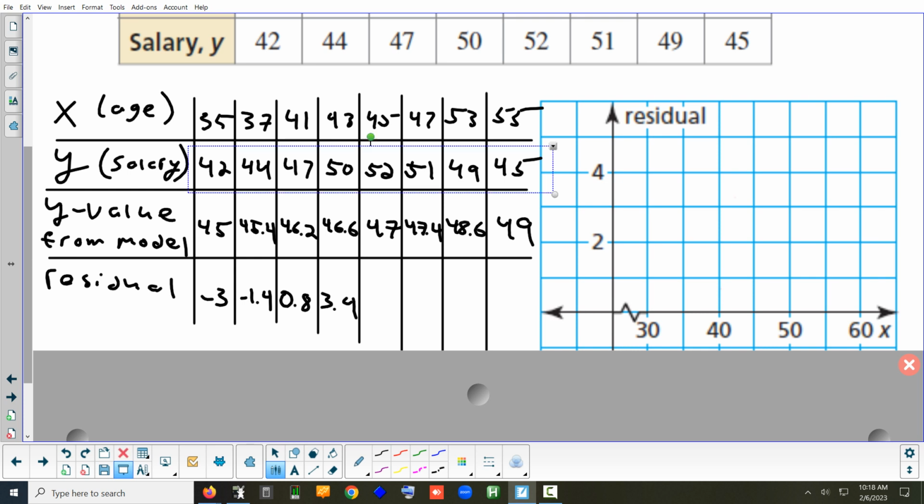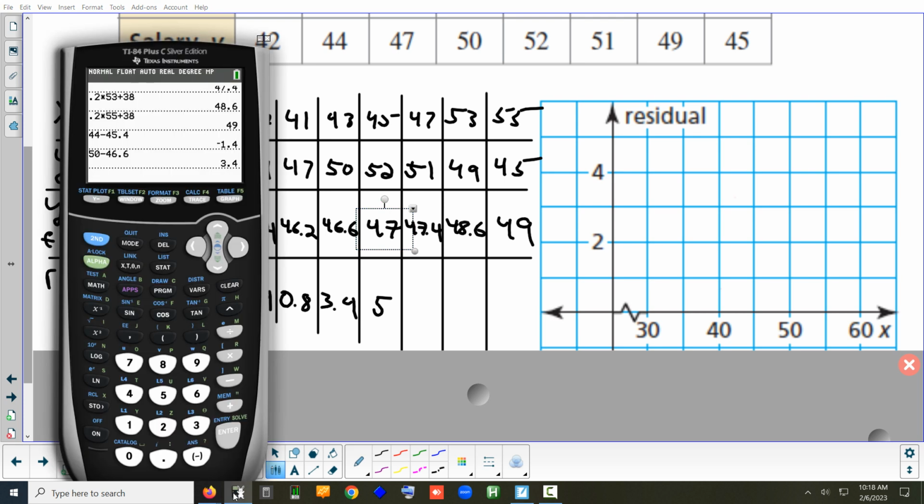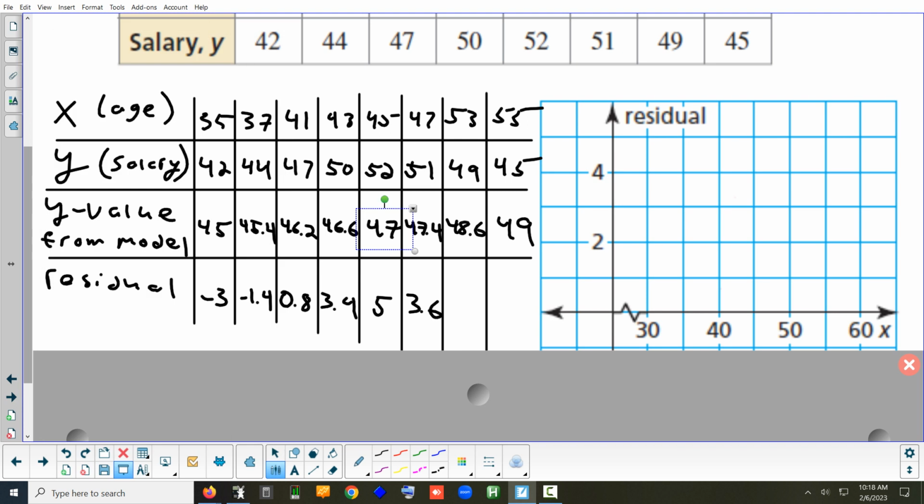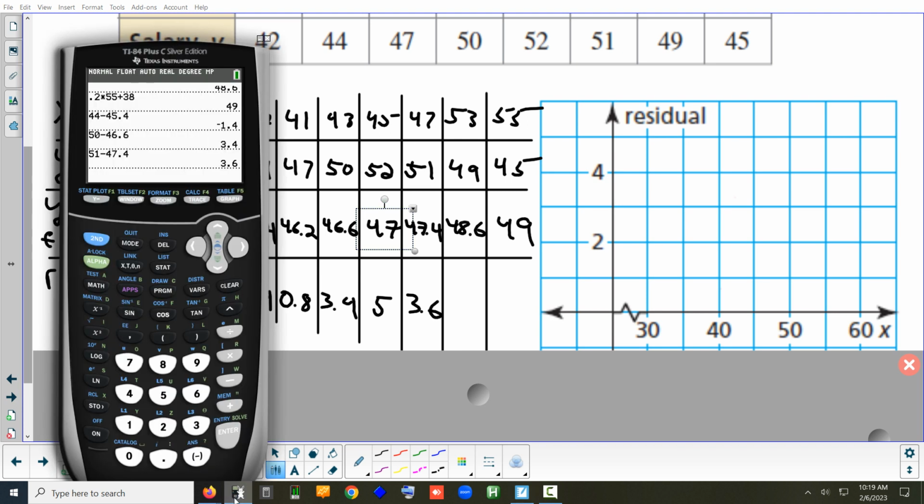Right? The next one, 52 minus 47. What's that come up to? Yeah? 5. Well, that's not good. So that one was 5 units off. Okay. Next one, 51 minus 47.4. And another one that's over 3 units off. 49 minus 48.6.